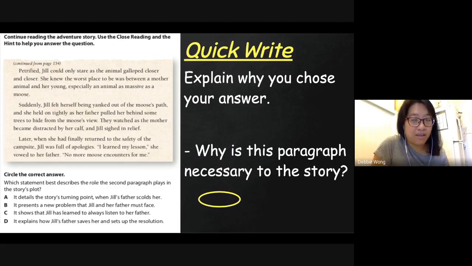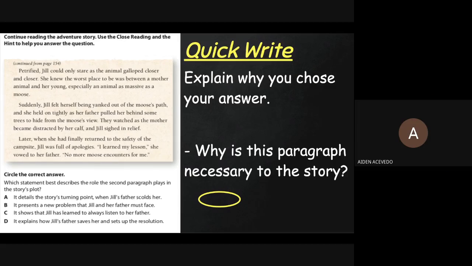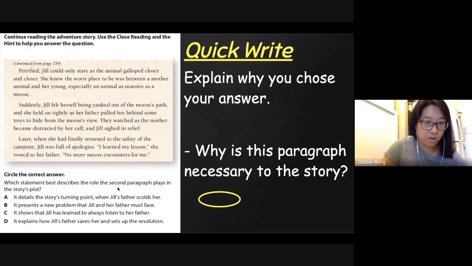Okay, I'm going to jump in. It says best describes the role the second paragraph plays. So I'm going to go back and reread paragraph 2. Suddenly, Jill felt herself being yanked out of the moose's path, and she held on tightly as her father pulled her behind some trees to hide from the moose's view. They watched as the mother became distracted by the calf, and Jill sighed in relief.